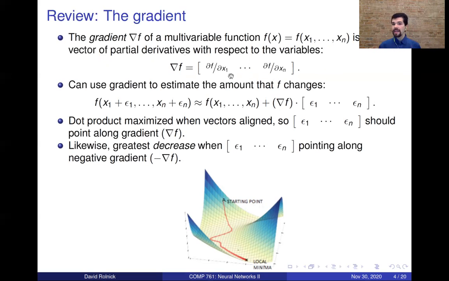So just like any derivative, it is itself a function. For example, if my function is x squared, its derivative is 2x, which means that I can evaluate the derivative at any point. So in the same way, I can evaluate the gradient at any point, and I will get a different answer. The gradient here is going to point in this direction, the gradient here is going to point in this direction, and so on.